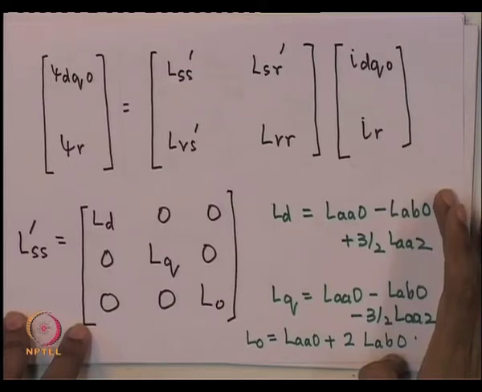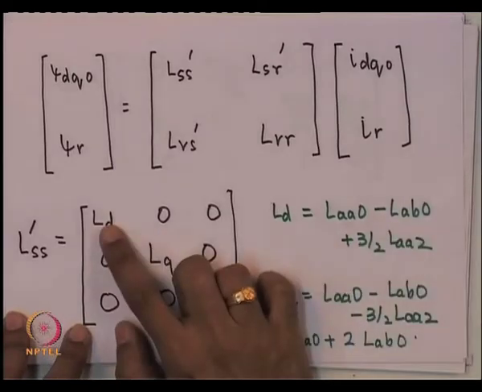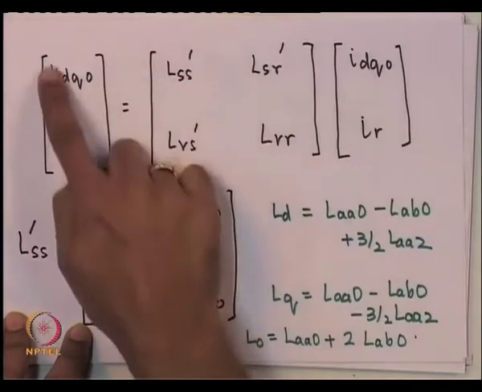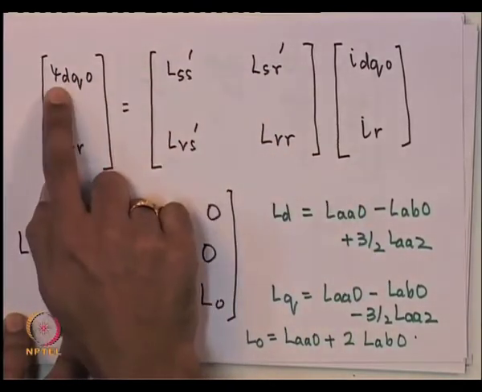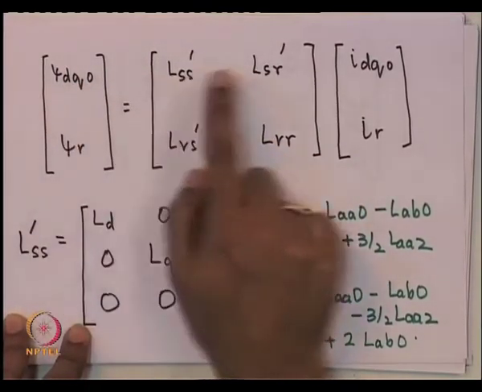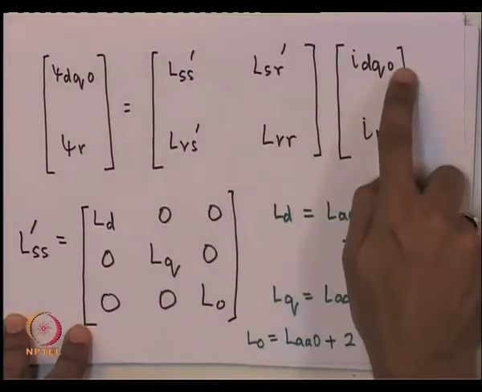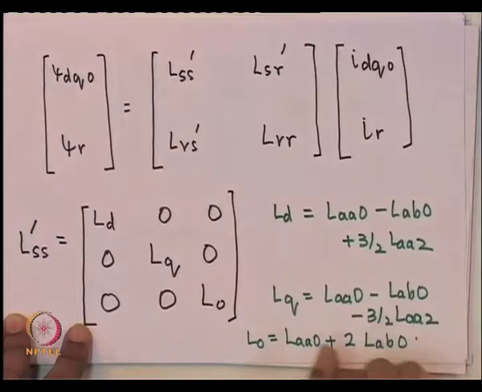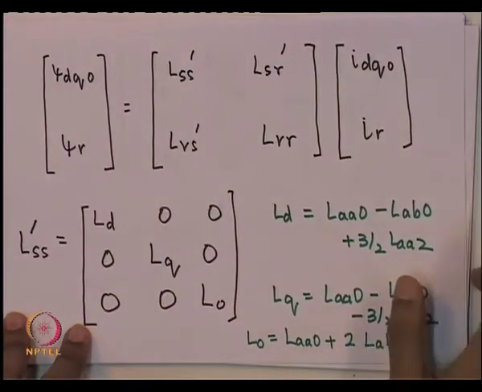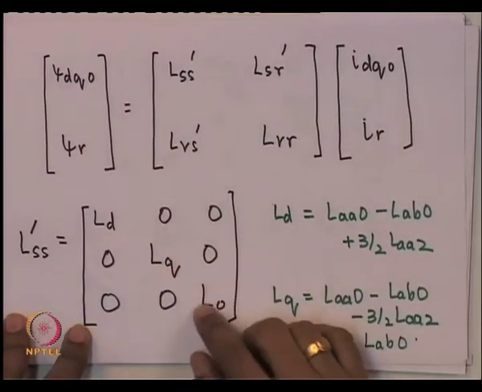Not only that, as you see with LD, for example, if you expand this, you will find that psi d is equal to LD into ID plus 0 into IQ plus 0 into I0. So, there seems to be a decoupling in the flux relationships. That is also an interesting thing which happens because this is diagonal.